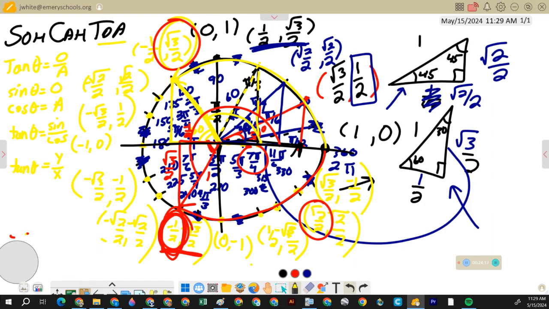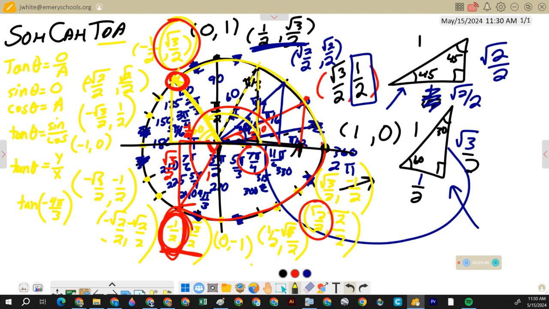Okay. What about the tangent of negative 4 pi over 3? Where is negative 4 pi over 3 going to land? It's going to be right there. Right?